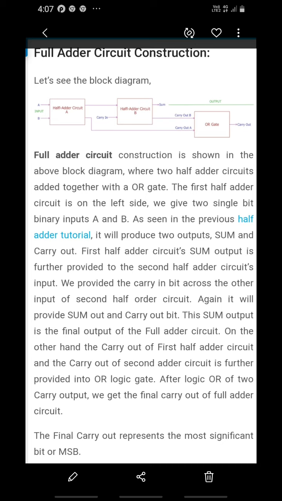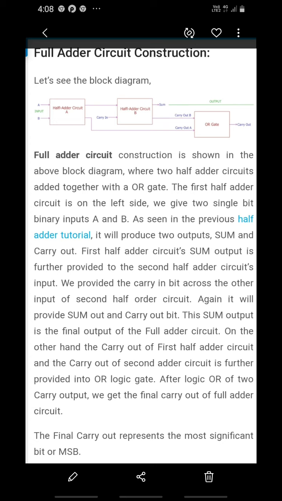The first half adder circuit is on the left side. We give two single bit binary inputs A and B. As seen in the previous half adder circuit, it will produce two outputs, sum and carry output.